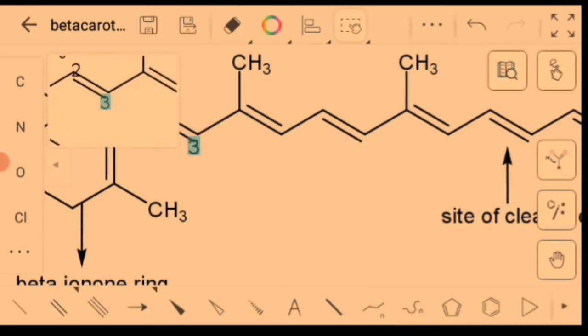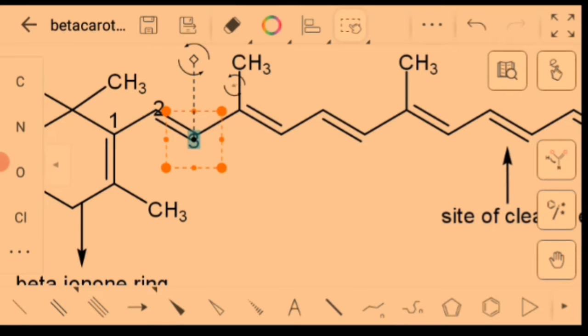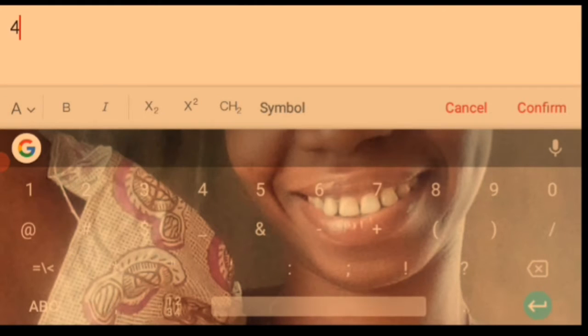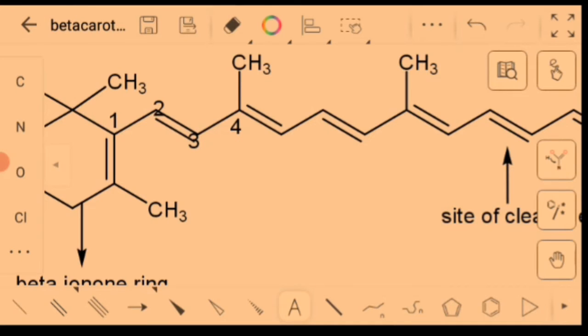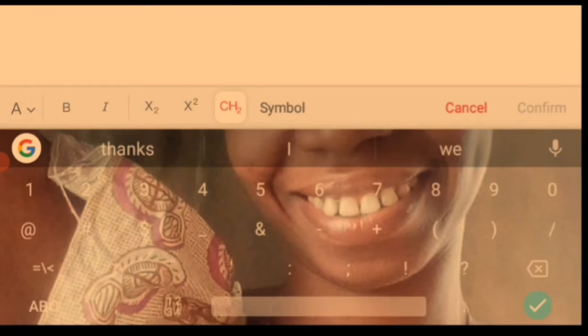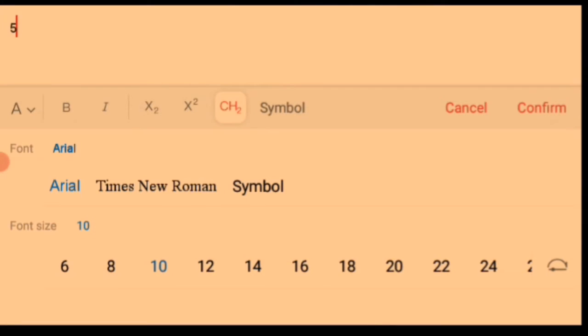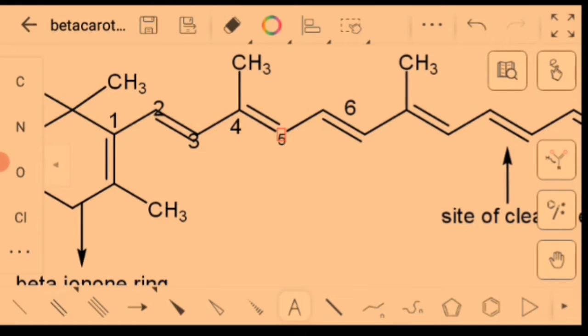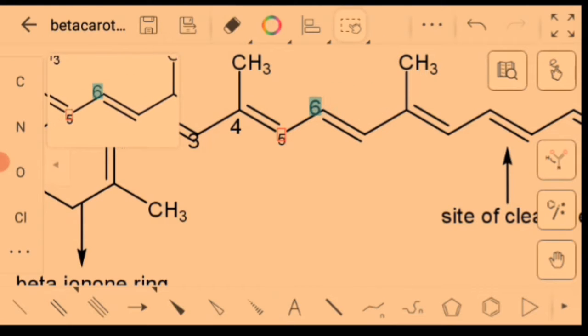See, this is our number 3. Then our number 4 is going to be here. Number 5 is going to be here. Our number 6 is going to be here. No, okay, I'm just going to bring it back to where it should originally be.